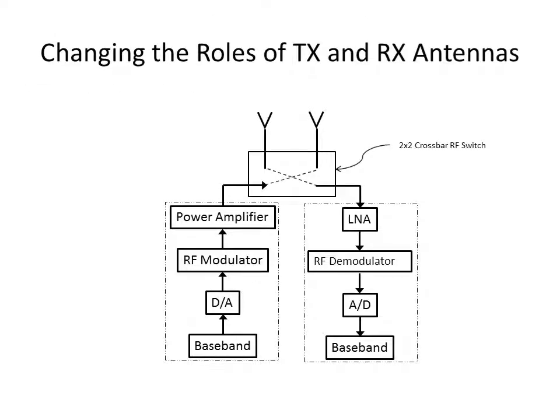As mentioned before, each of the legitimate units, Alice and Bob, have 2 antennas, and they should be able to use either of these antennas as a transmit antenna or as a receive antenna.